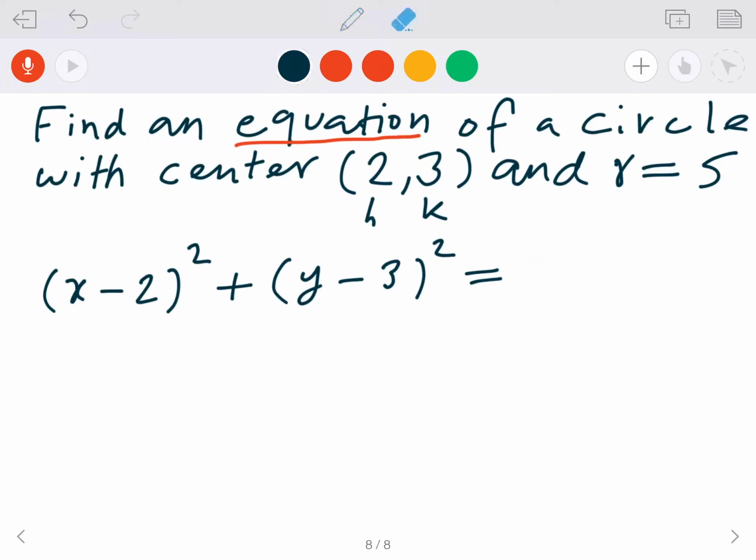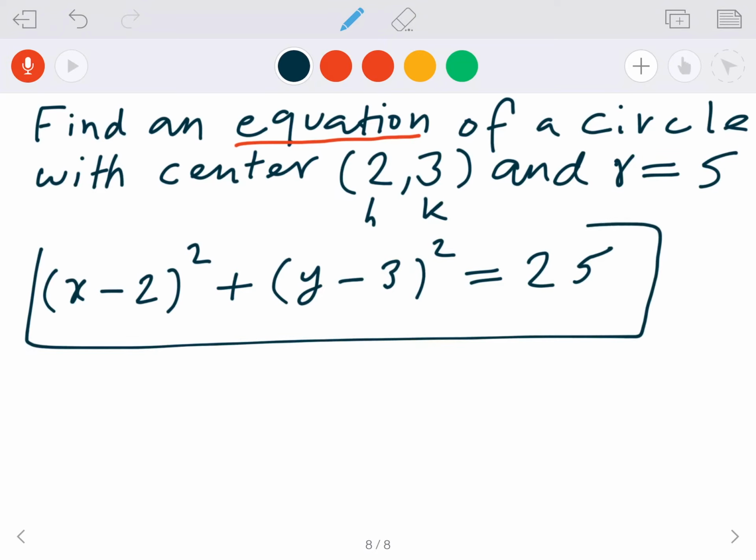And now instead of writing 5 squared, you can write 25. So this is the equation.